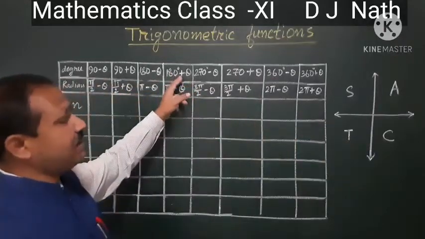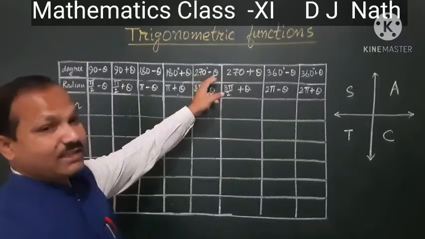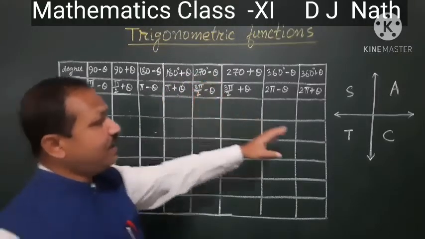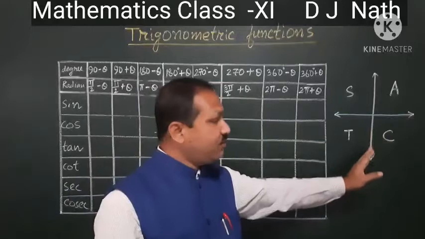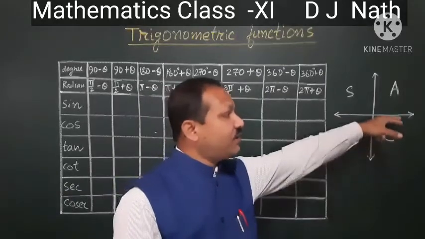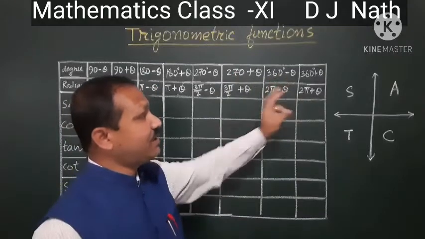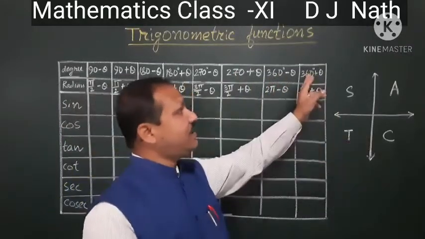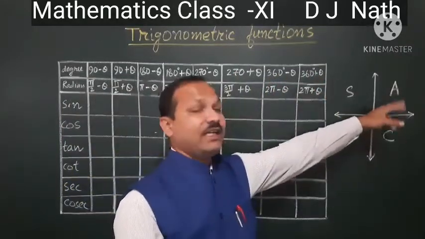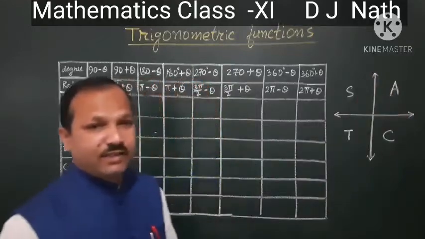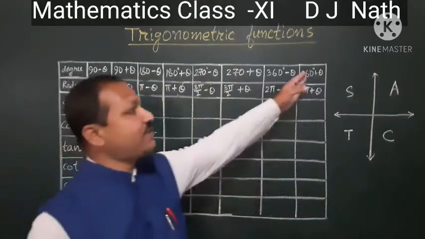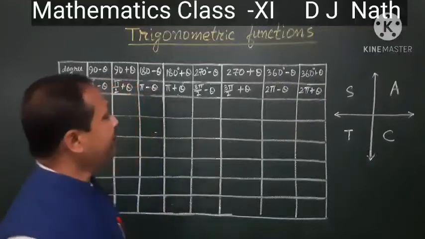Then fourth quadrant, 270 plus theta or 360 minus theta. And 360 plus theta means it again comes to the first quadrant. 360 plus theta or theta will be the same.